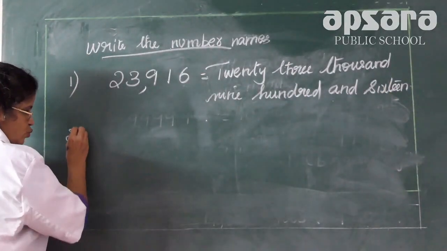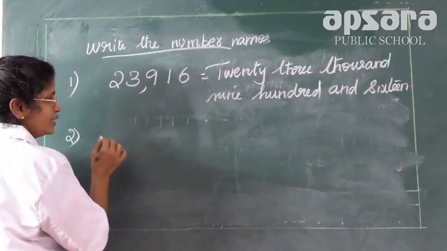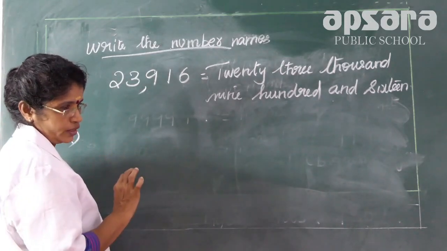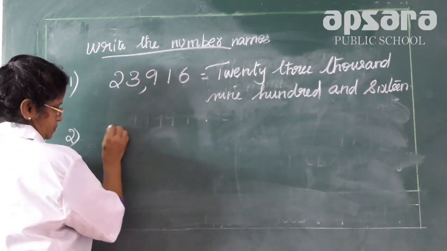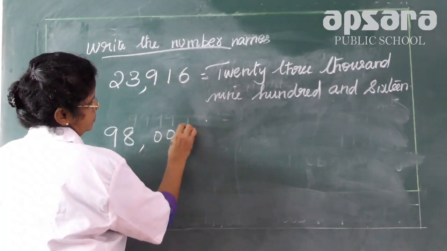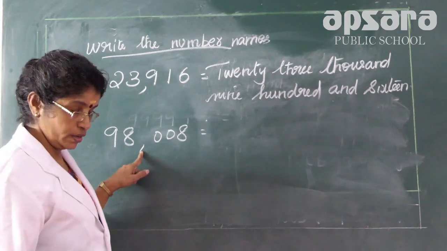Over to the next one, again an example. My dear students, please don't write in your fair notebook. Now listen to one more example. How do you write this? I put a comma.